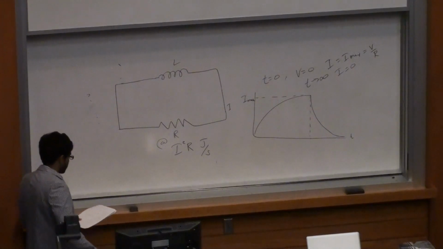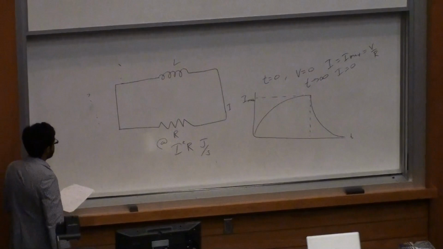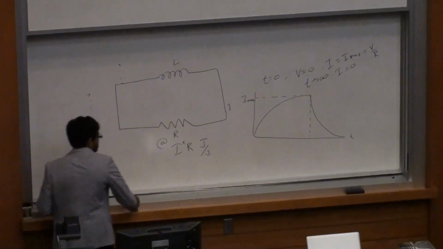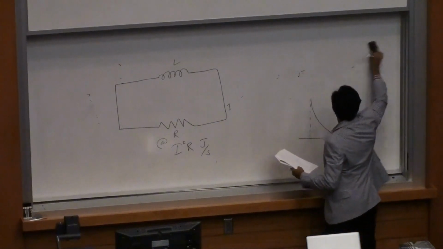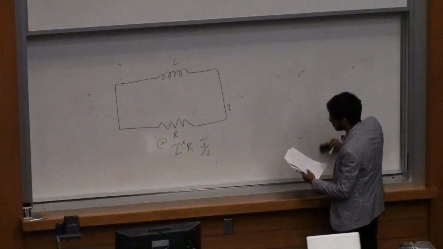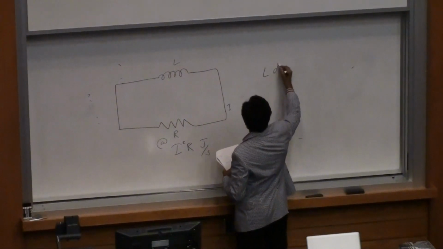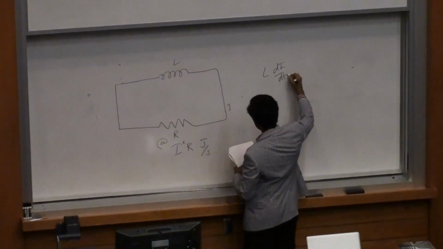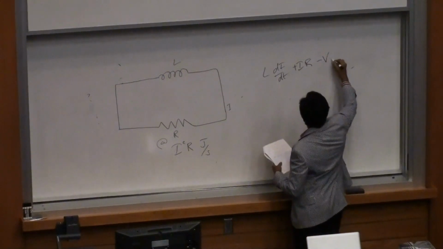Now, we need to look at the exact behavior when we make the potential, the EMF, 0. So what was the differential equation we had before? We had L di/dt plus IR minus V equals 0.